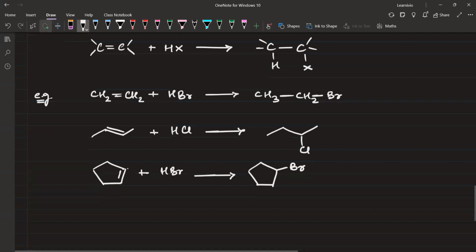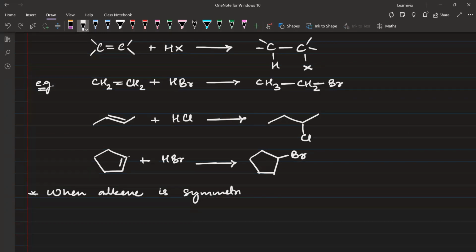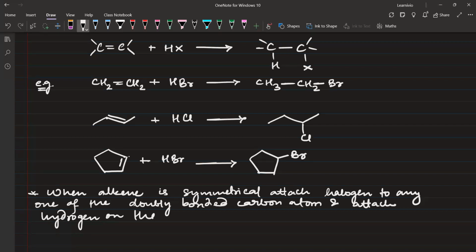Okay, so we'll write also one more thing. When alkene is symmetrical, attach halogen to any one of the doubly bonded carbon atoms and attach hydrogen on the other carbon.